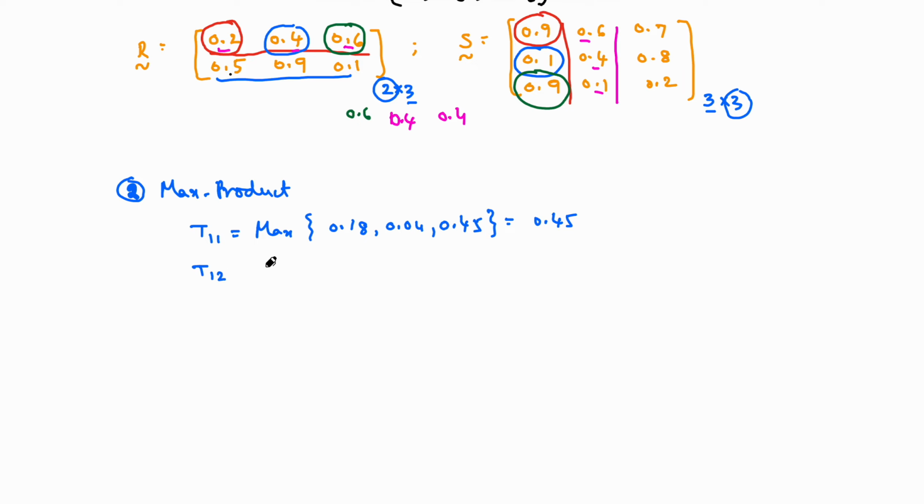And what is T12? T12 is the maximum of 0.12, 0.16, 0.06. So the maximum is 0.16.